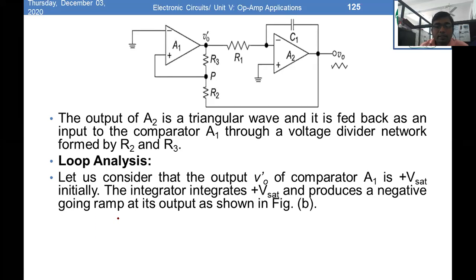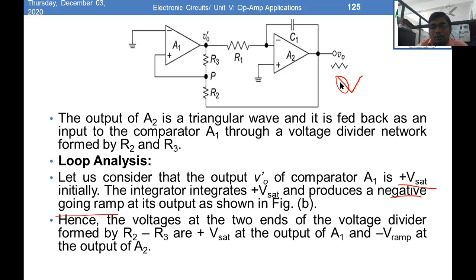and the integrator then integrates plus V set and produces a negative going ramp signal at its output. This is the negative going ramp signal.